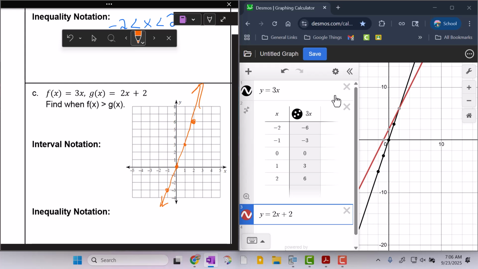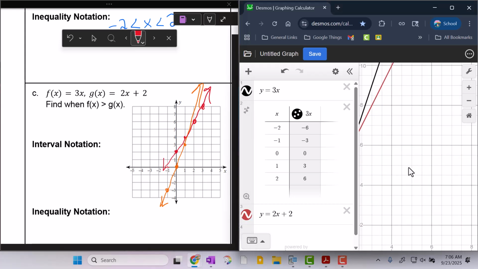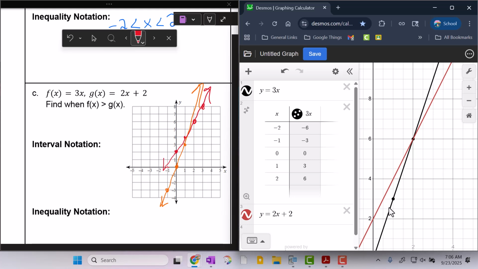We have that there. Then for the second one, our y-intercept is 2, and our slope is 2, so we go up 2 over 1, up 2 over 1, up 2 over 1, and so on and so forth. So somewhere here, the black is lower than the red, and then all of a sudden the black is on top.